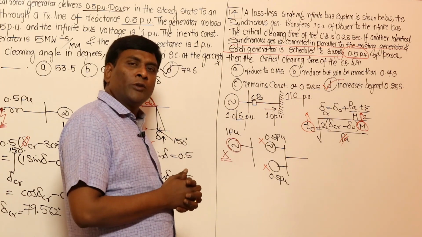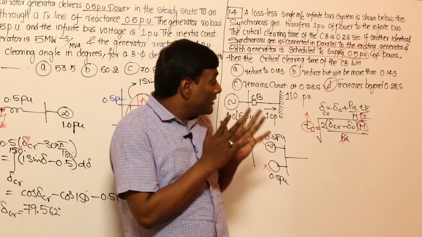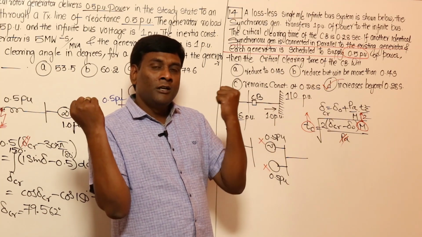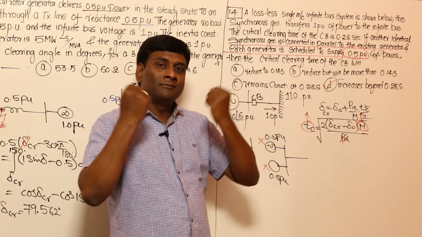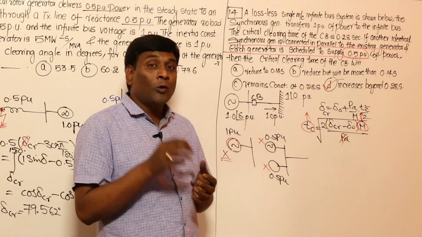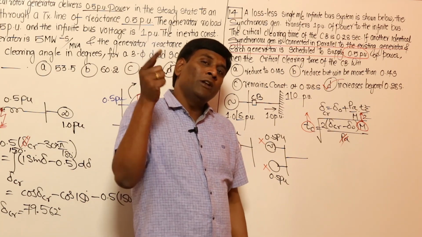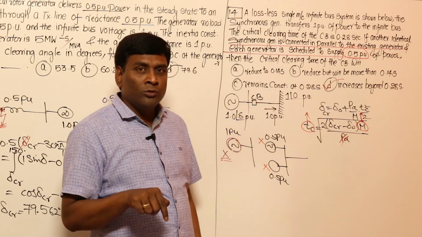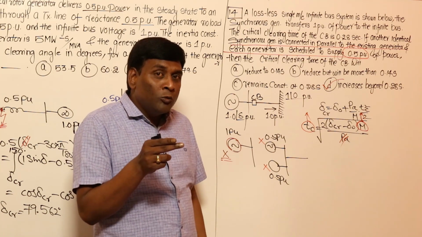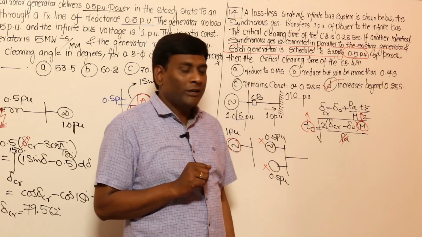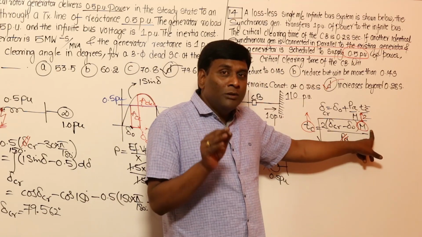Now one thing I have to add here. For the same system, suppose it is not coherent but non-coherent. Under that condition, what is M equivalent? It is nothing but 1 by M1 plus 1 by M2, whole inverse, or M1 M2 by M1 plus M2. So M1 M2 by M1 plus M2 is less than the least value of M1 and M2.